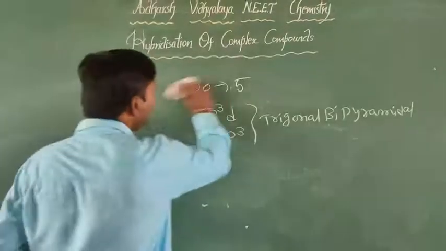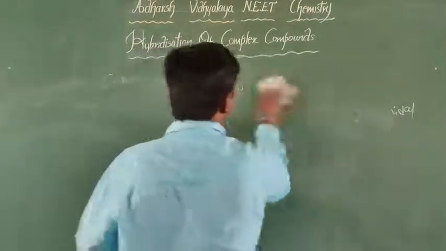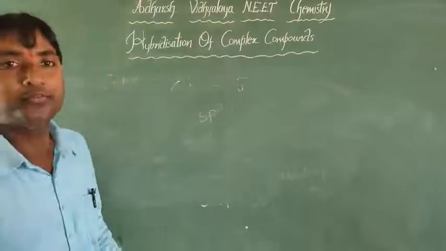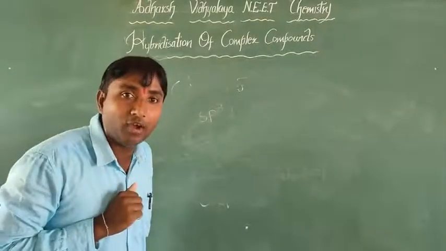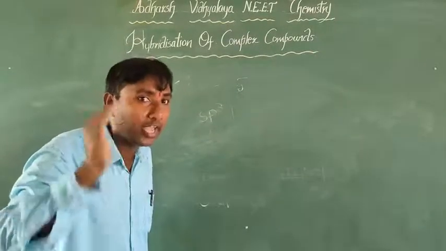Here, generally two types of d orbitals are involved in hybridization.